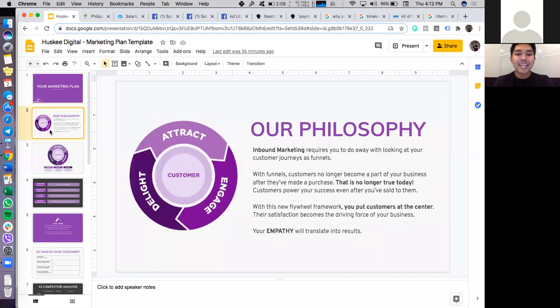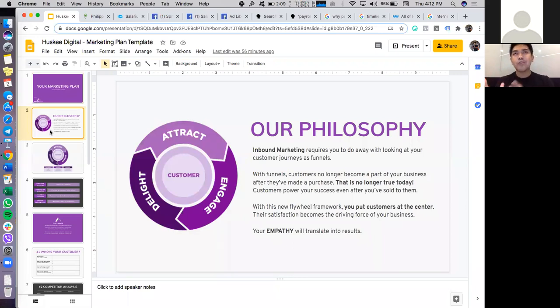All right. So just a quick reminder, our philosophy is really built on inbound marketing. And we like looking at our marketing as a flywheel, like this, like the circle.